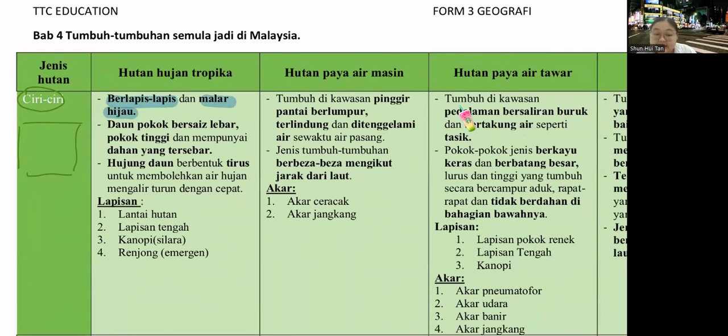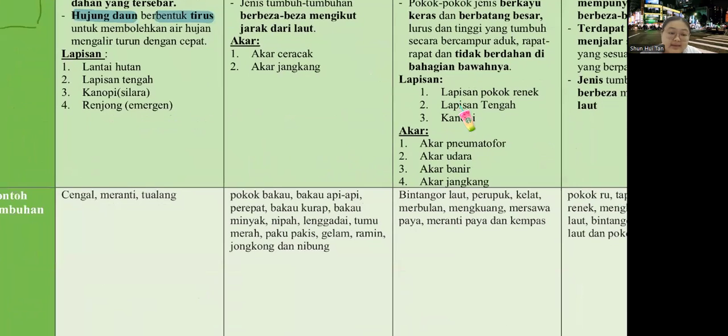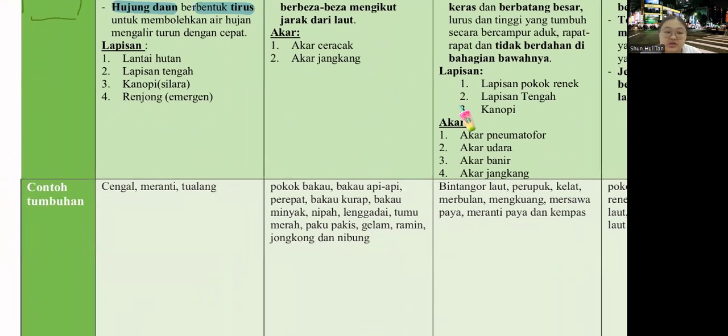Berlapis-lapis, malar hijau. Daun bersaiz lebar, hujung daun berbentuk tirus. All right. Now, and then what's the plants? Cengal, meranti, tualang. If you don't like this plant, you can use the chapter 3 one, and you can say other answers. Okay, you can have others.